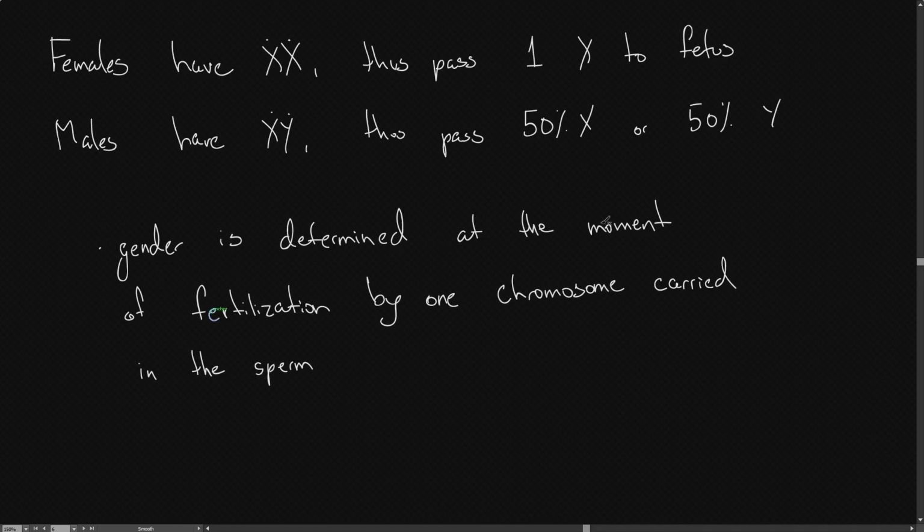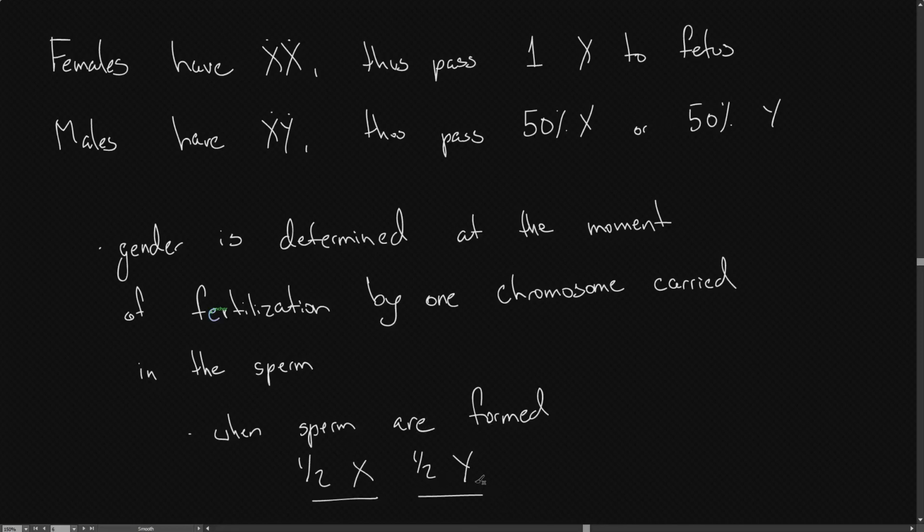Gender is determined at the moment of fertilization by one chromosome carried in the sperm. So when the sperm are formed, there is a 50% chance, so a 1/2 chance of X and a 1/2 chance of Y. This means that half of the sperm will be carrying X chromosomes from the father, and the other half will be carrying Y chromosomes from the father.